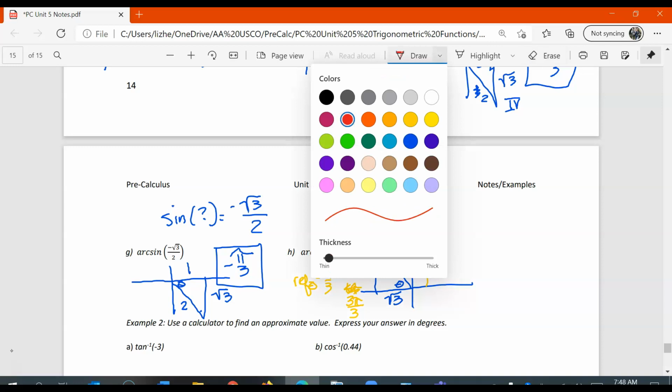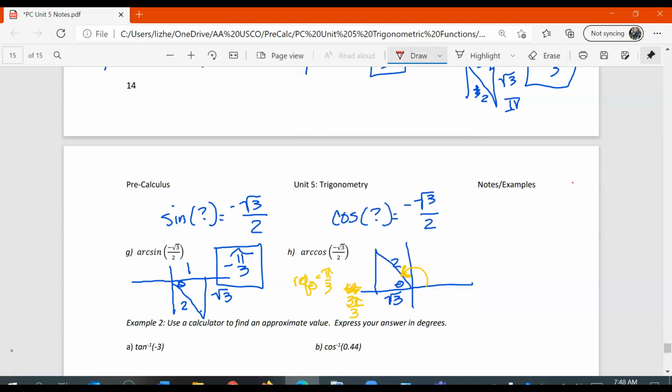Okay, here we go. Start over. If this is pi, here's your 1. This has to be pi over 6, because it's opposite the 1, so it's the smallest angle. So the reference angle is pi over 6. The question is, though, what is this angle? Not what is the reference angle, what is this angle? That angle would have to be, right here is pi over 2.